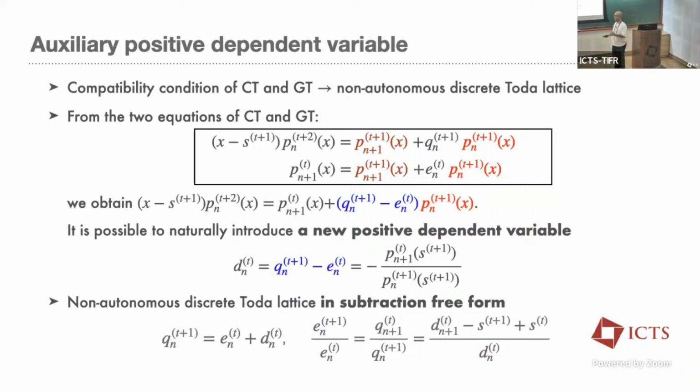Under some condition, d_n t is positive, even though such an expression could lead to a negative value. We might expect some negative value, but indeed this is a positive value. And then by introducing this d_n t, the non-autonomous discrete Toda lattice can be written in this way. So this is a subtraction-free form, which is a very desirable expression.